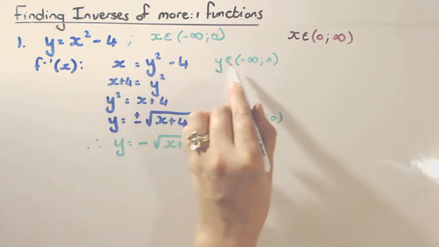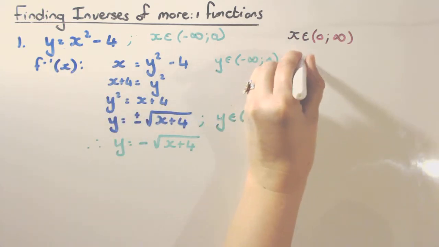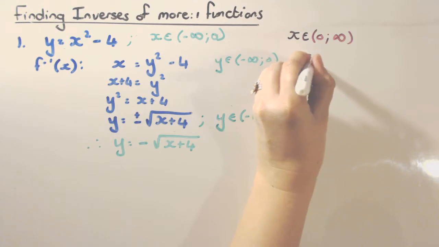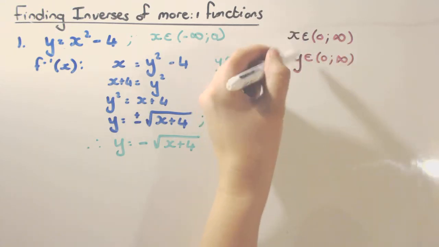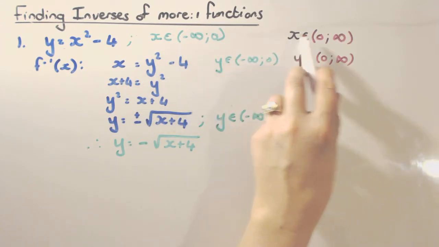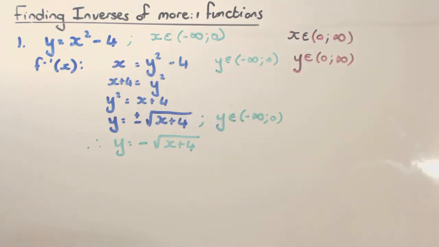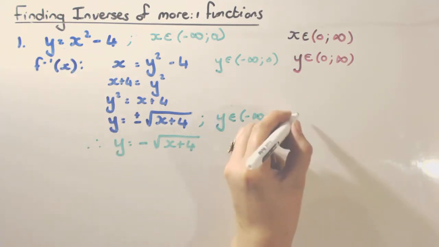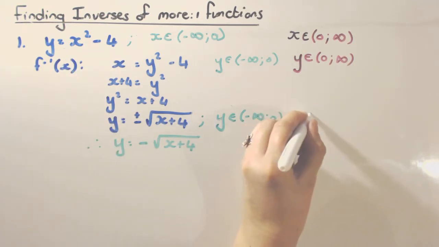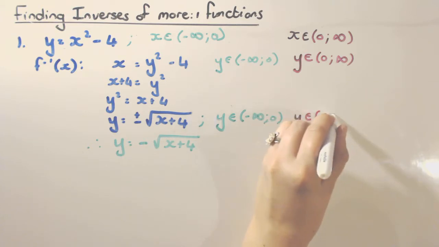And then in the inverse function, that will mean that my y values should be an element of 0 to infinity, because my x and my y swapped. So just what was the restriction on the x now becomes a restriction on the y. And when I get to my answer, I just say again, my y values must be positive.